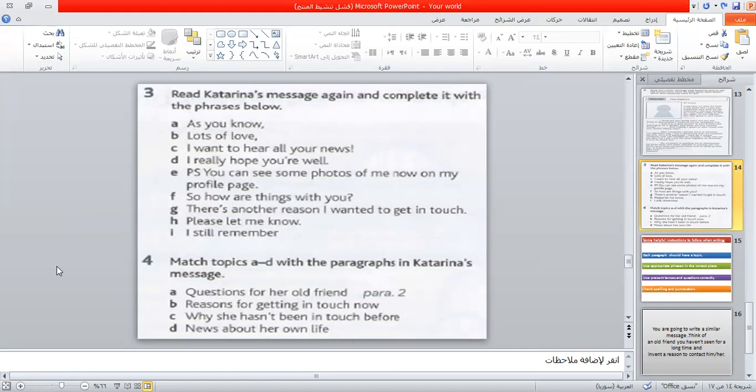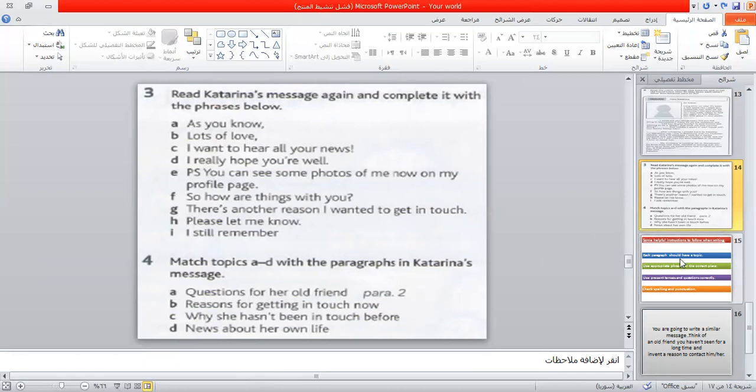So here they need a deep understanding of the message. So maybe I will give them 5 minutes to reread the message again to get a deep idea of the message, and then match these 4 paragraphs with the message.